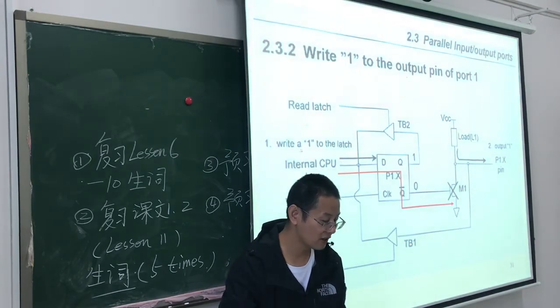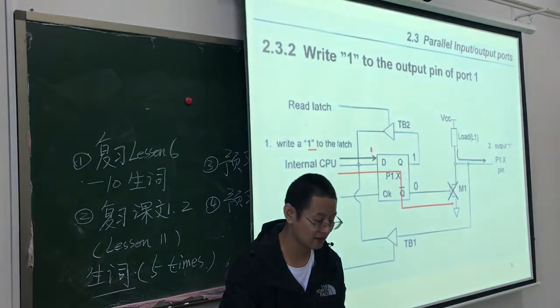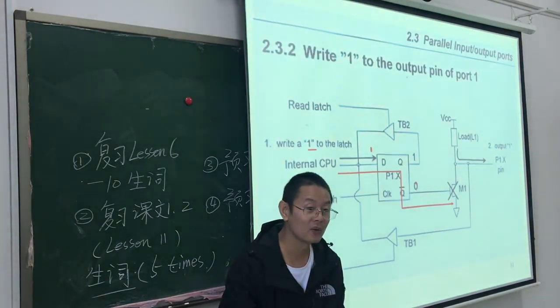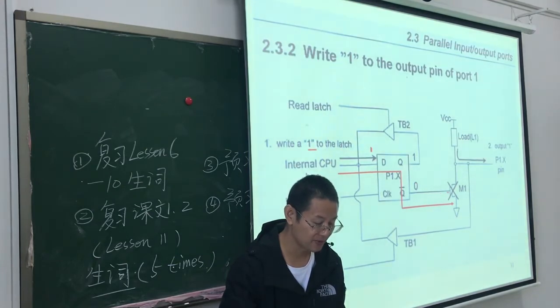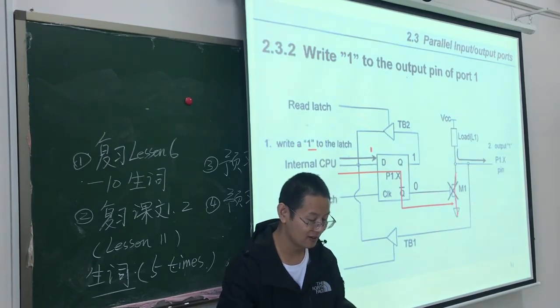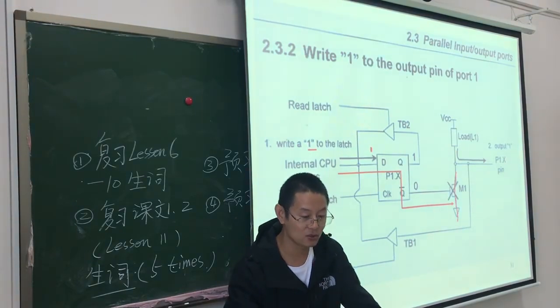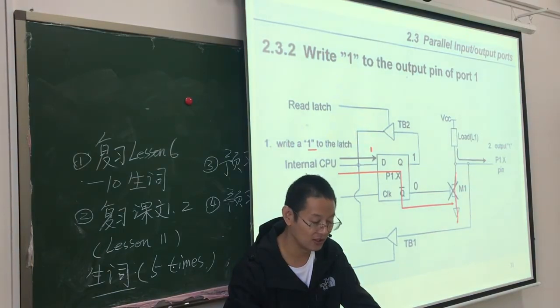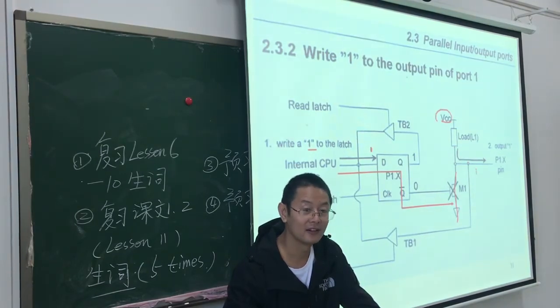We write 1 to here, so here is 1 and Q bar is 0. This circuit cannot pass the electric flow, so here is VCC, which means 1.